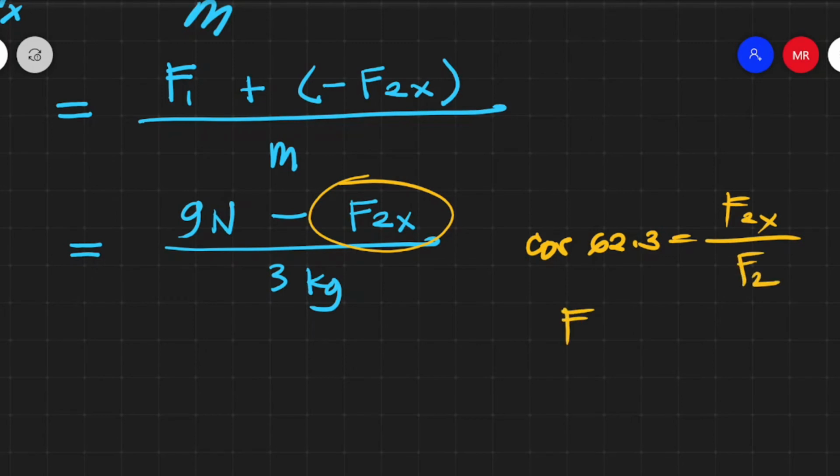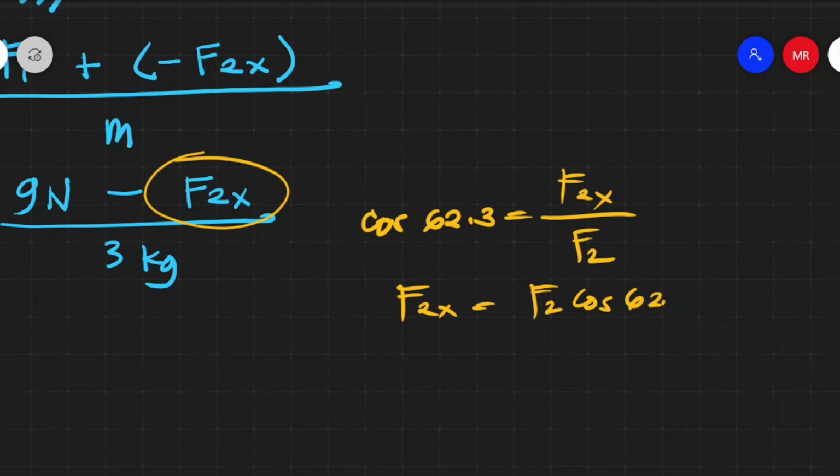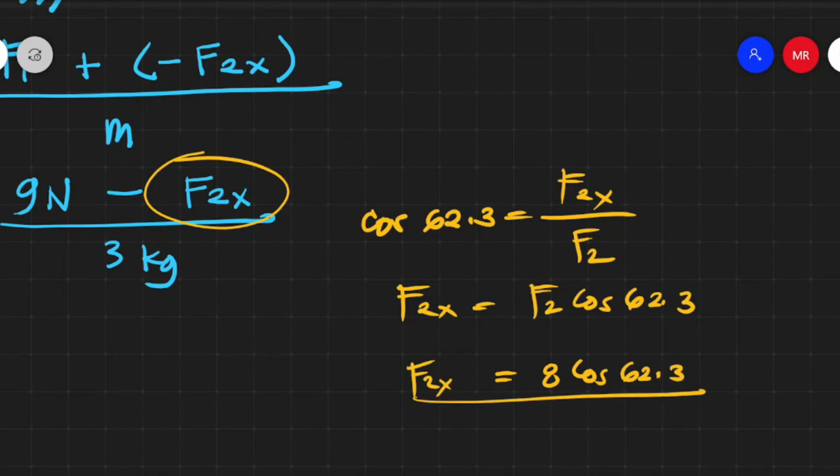Therefore F2x is equal to F2 cosine 62.3 degrees. Therefore F2x is equal to 8 cosine 62.3. So this is now our F2x, and we need to substitute this in our equation.